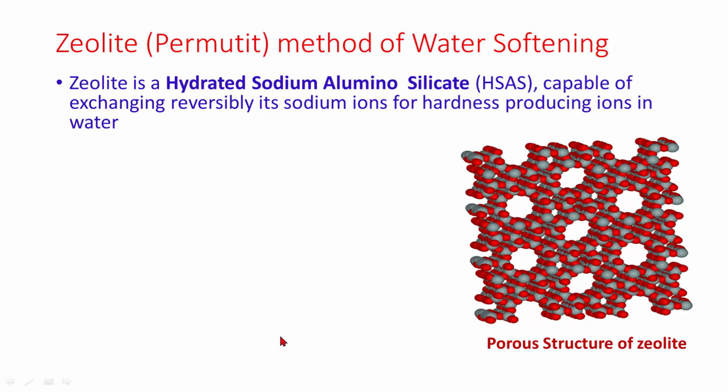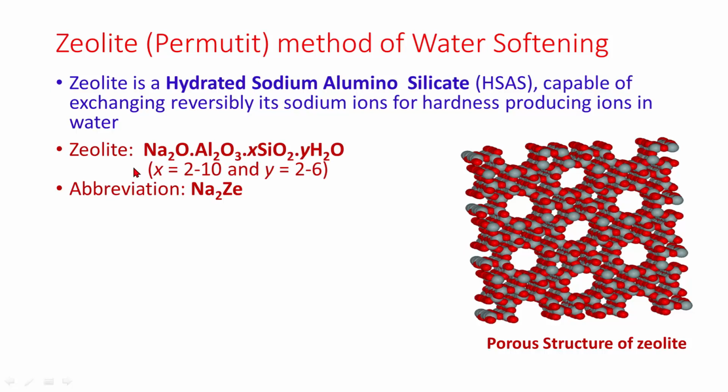Zeolite is a hydrated sodium aluminosilicate and it is capable of exchanging irreversibly its sodium ions with the calcium and magnesium ions present in water. Formula of zeolite is Na2O.Al2O3.xSiO2.yH2O.